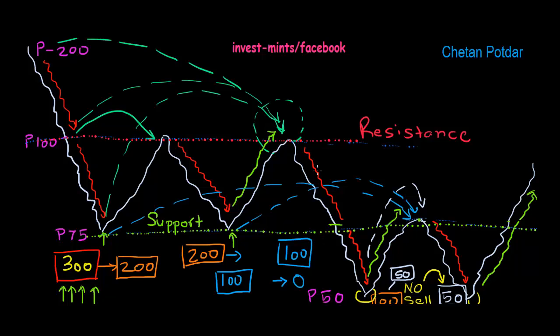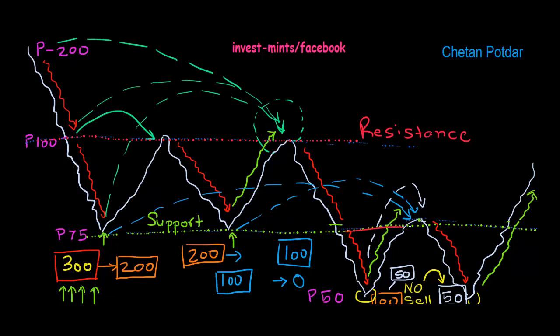Now a funny thing happens. As the price breaks this support and goes down, and as the price starts coming up, all the people who bought here and here want to sell it off, and since they want to sell it off, this line acts as a ceiling.